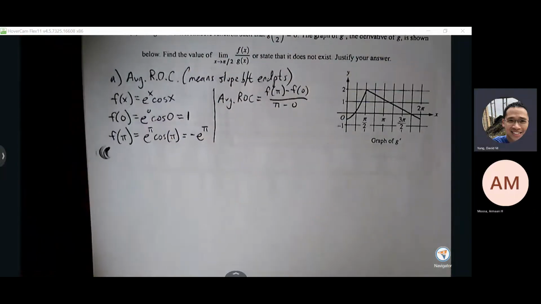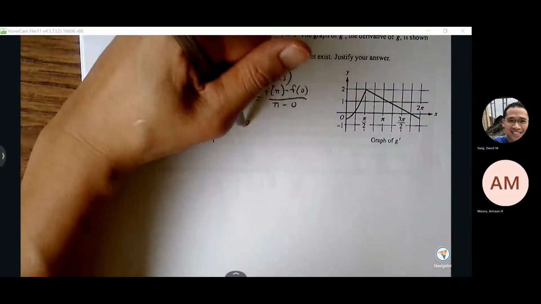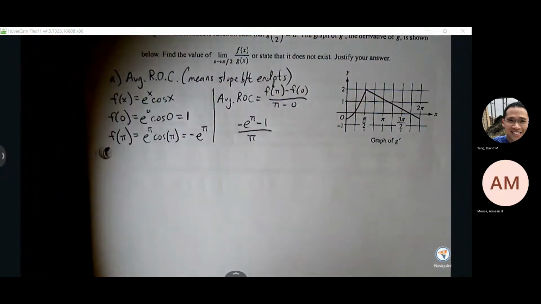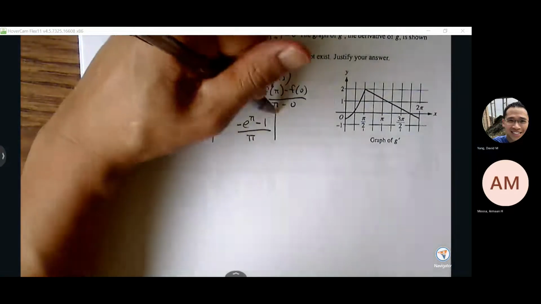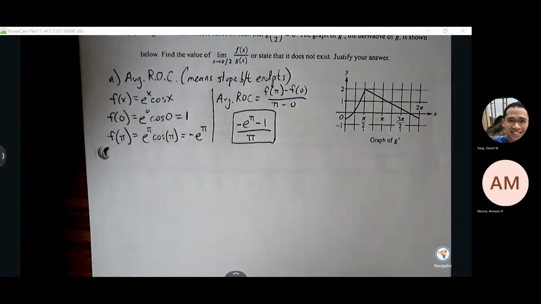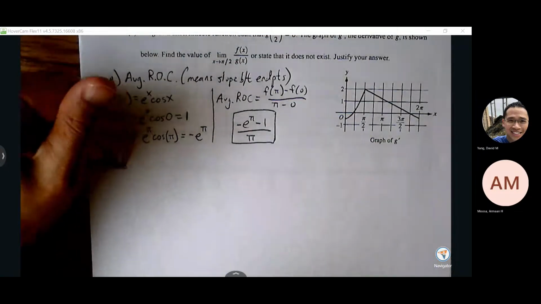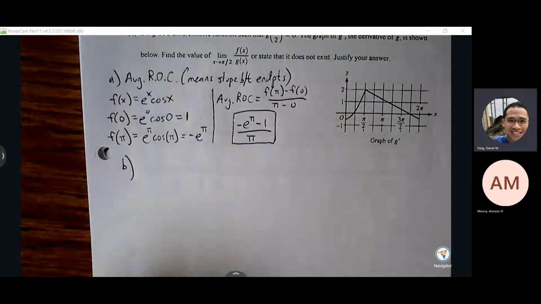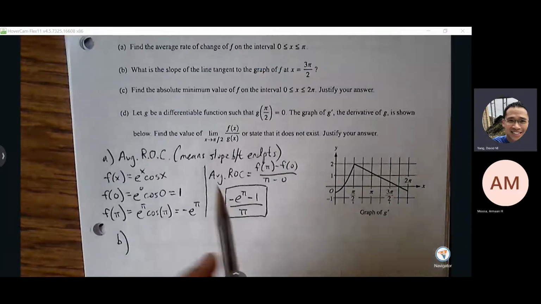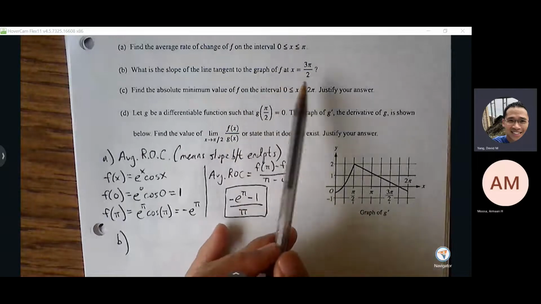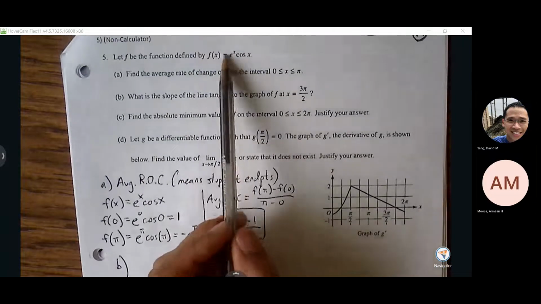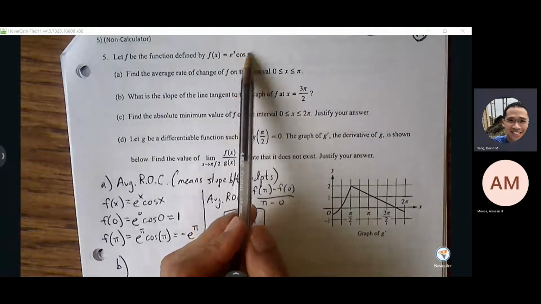Okay, so we found those y values. Part B, find slope. What is the slope of the line tangent to the graph at x equals 3 pi over 2? So to find the slope, we first have to find the derivative, right?